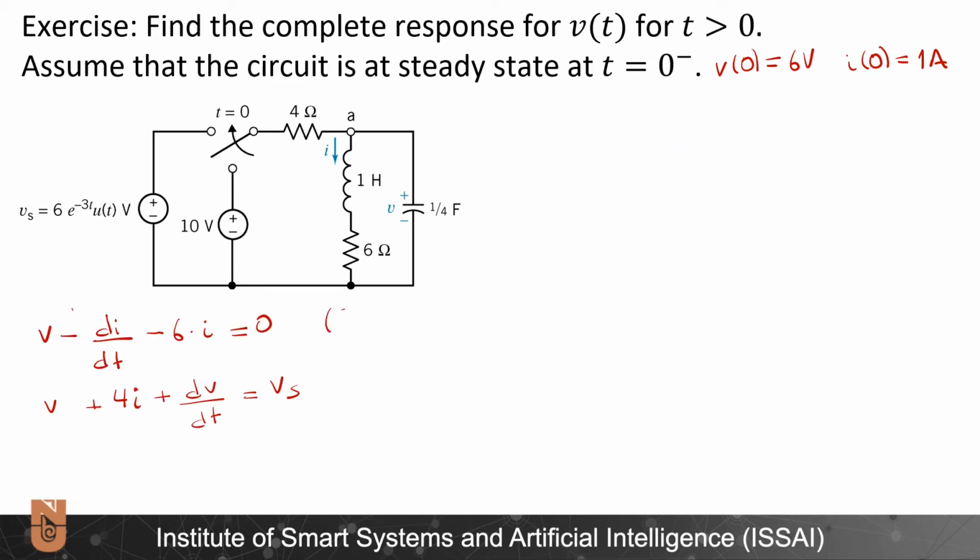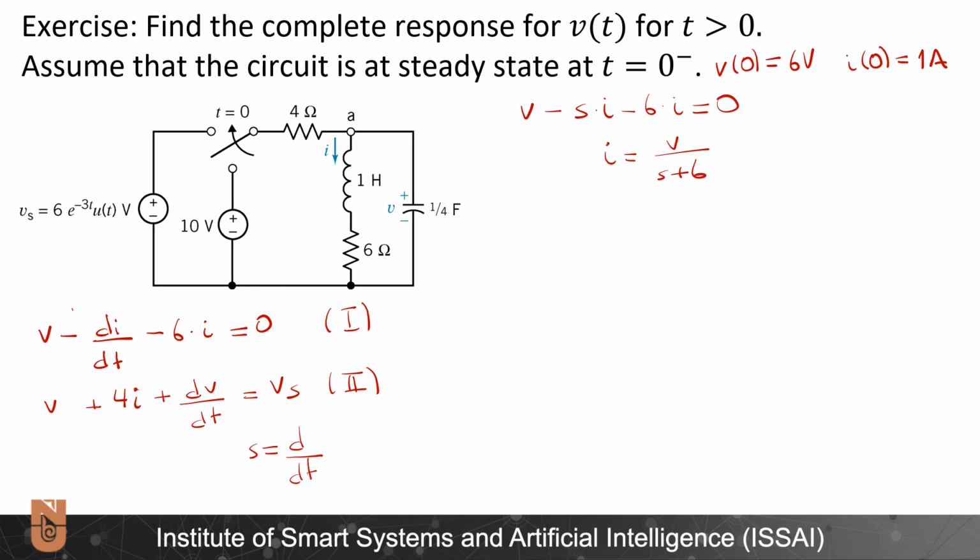Now we will convert 1 and 2 using the differential operator d/dt to an algebraic form. That will be V minus sI minus 6I equal to 0. From here I can write I is equal to V over (s plus 6).